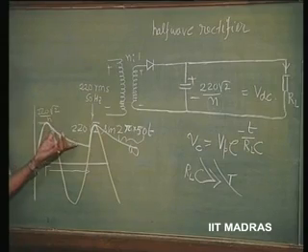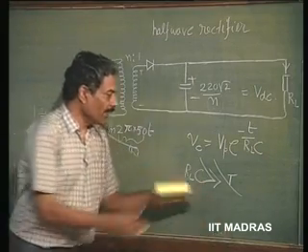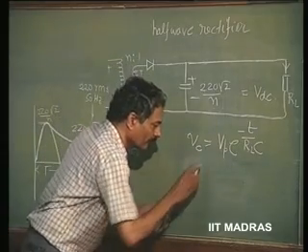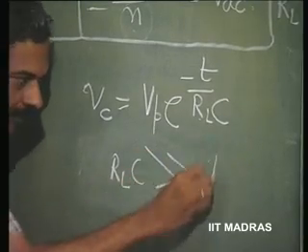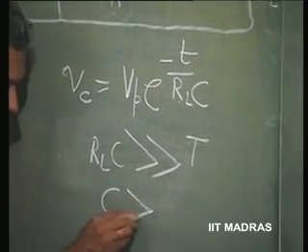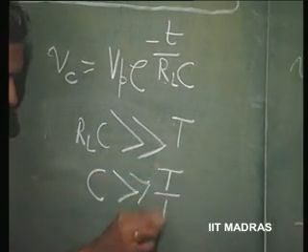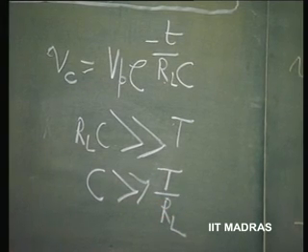So, this RL into C, if it is made very large compared to T, that means the capacitor has to be so chosen that C is much greater than T by RL.